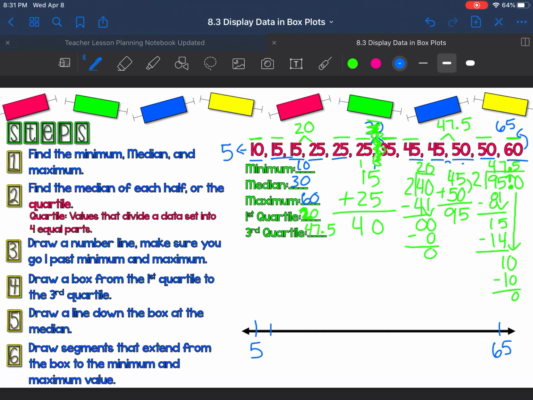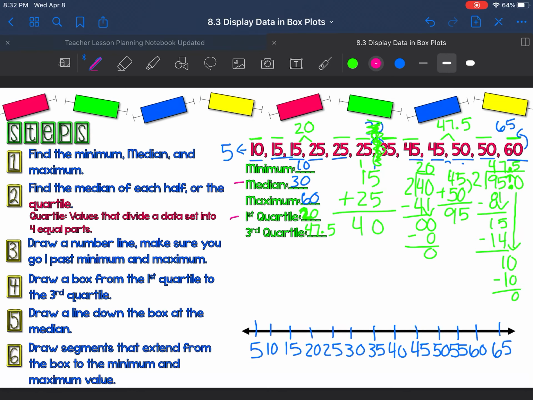That's why we always go one tally mark over. So now I'm just going to count by 5s. Whew, just barely made it.